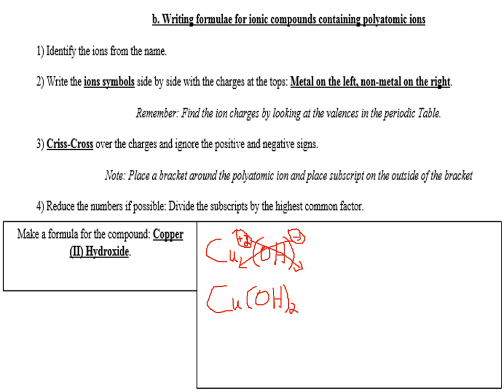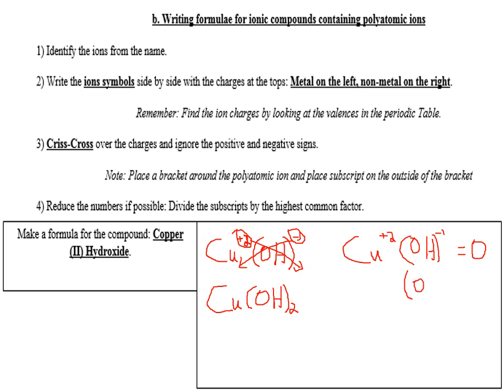Just like in the other example, you could also do the charge balancing method. Cu plus 2. Put your OH in brackets. Remember, the overall charge has to be 0. Right now it's not there because plus 2 minus 1 is plus 1. So we need to go down a little bit more.